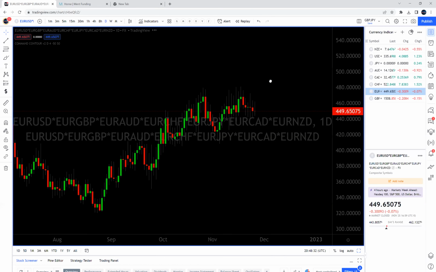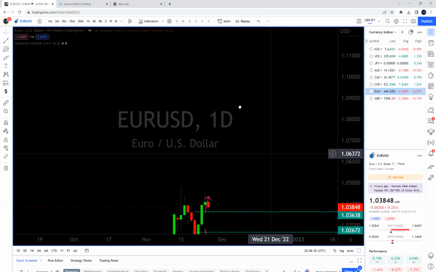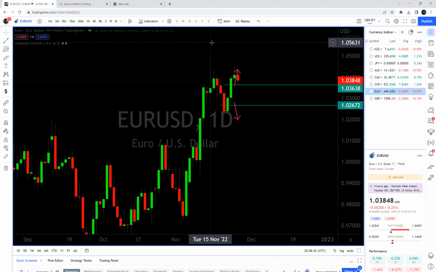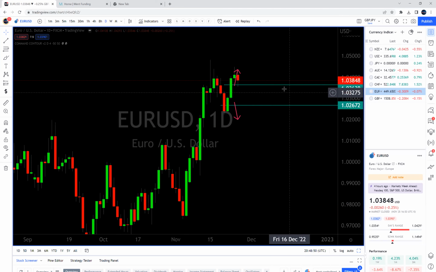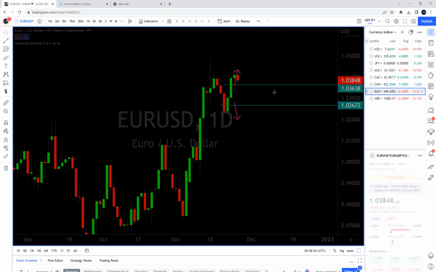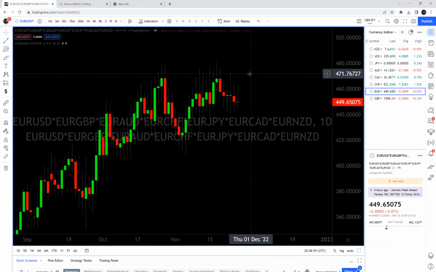Yeah, so overall Euro USD was buying, and we could see that it is still pushing up, just because again the US has been pretty weak. It looks like it's consolidating too on that daily chart. If we go back to the Euro index, we could see that the Euro was consolidating here. It wasn't doing much, so nothing much to be done.